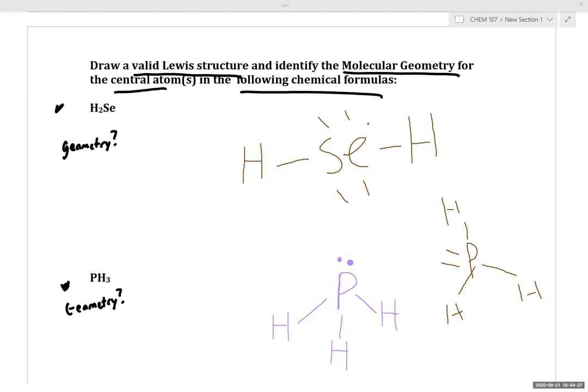So we have multiple proposed responses for the structure of phosphine.